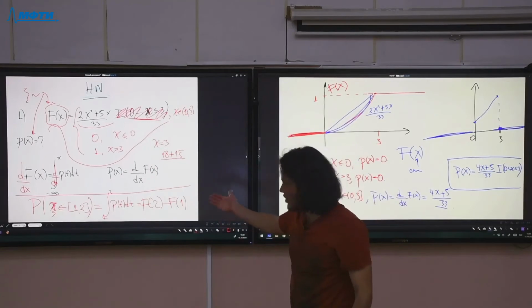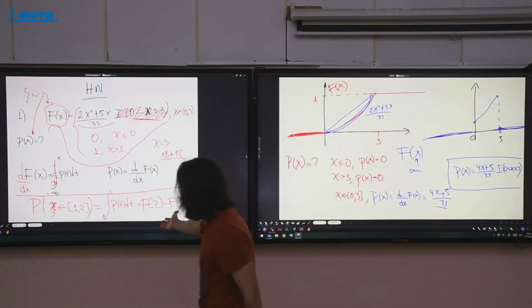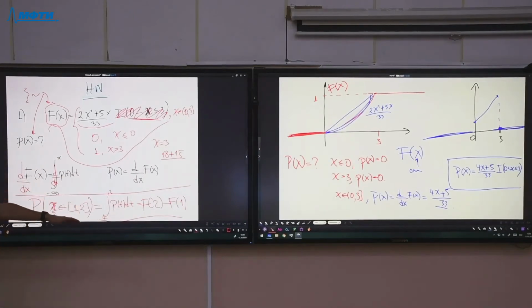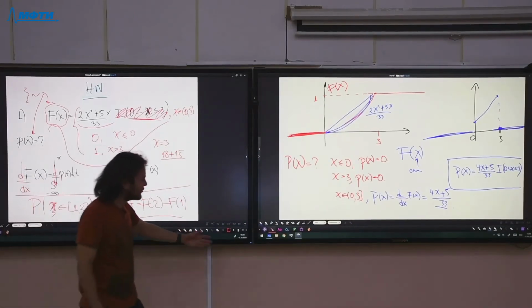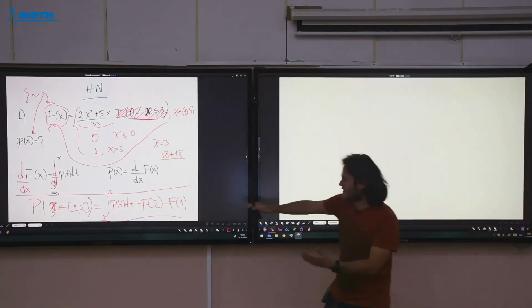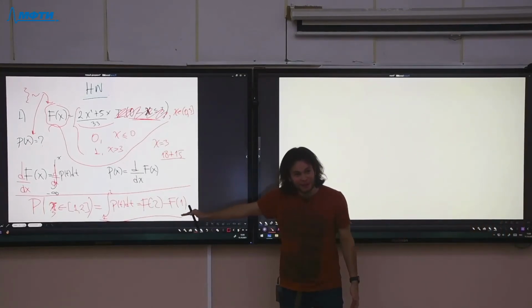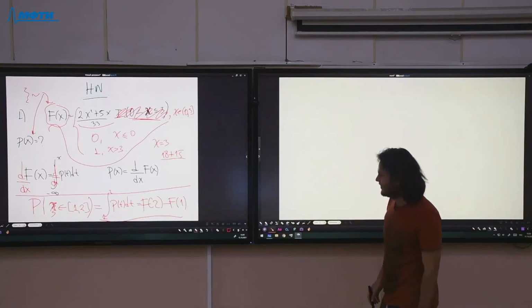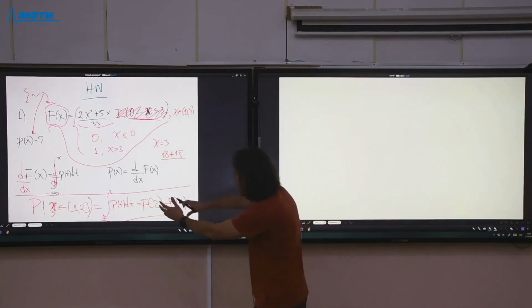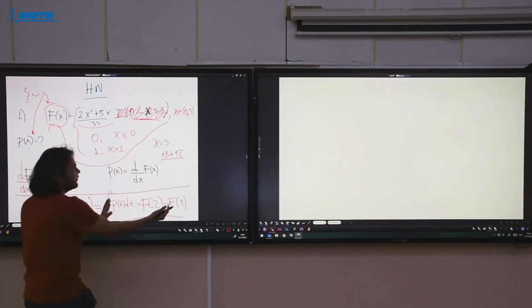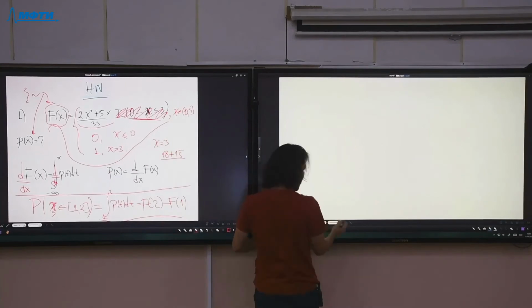Is this clear? If this is not clear, then we are screwed, because this is the easiest thing that we're going to do today. Do you see this? Let me show you.